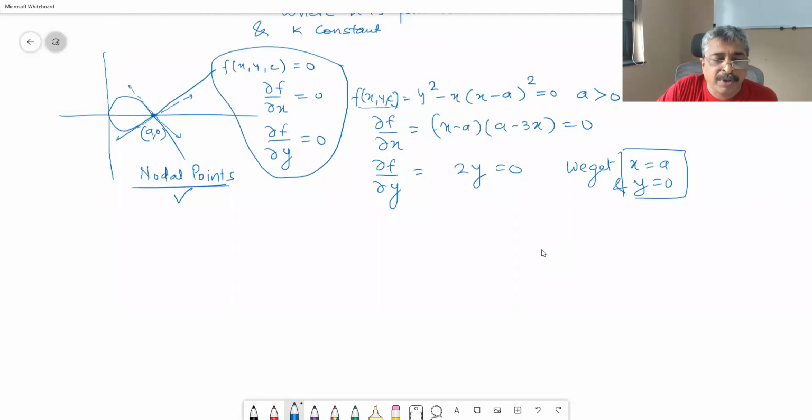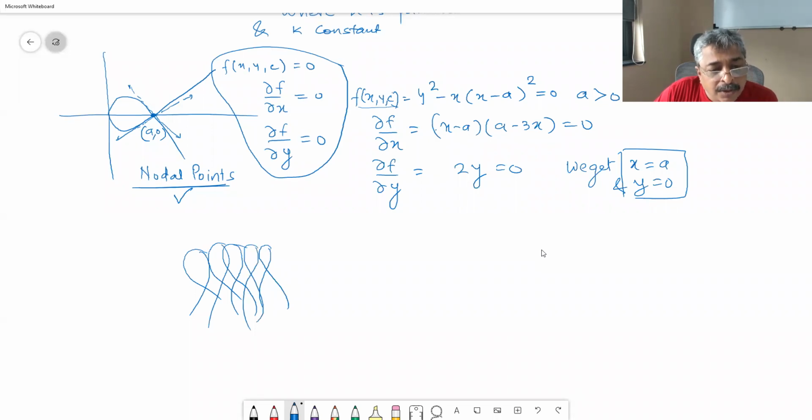Now forget about that example, but suppose you have a curve like this, you have another curve like this. For different values of c, you keep getting different curves like this. Of course, they will look alike, they are the same. So if you join these points, colored red, because the locus of those points also will be there with the family, it's called the nodal locus.